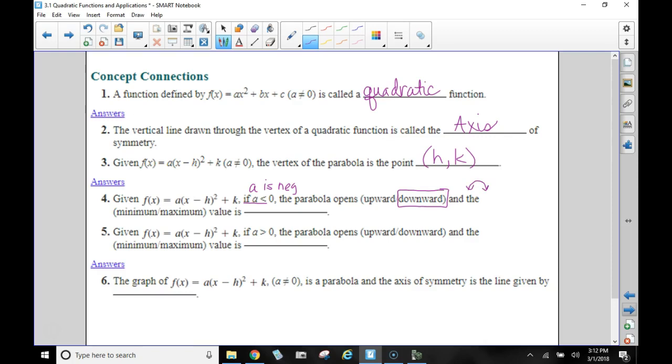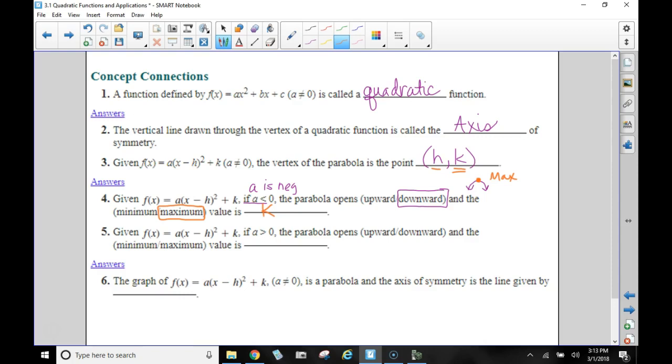And the maximum or minimum value is what? Okay, well, with a downward opening parabola, we're going to have a maximum value, and it has to do with the coordinates of the vertex. Remember, the vertex in this form is (h, k), and the k value is actually the max or the min.